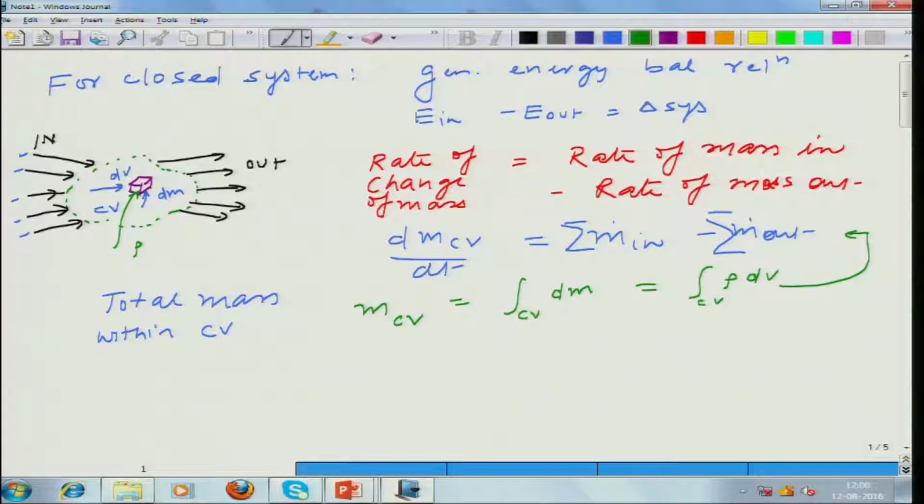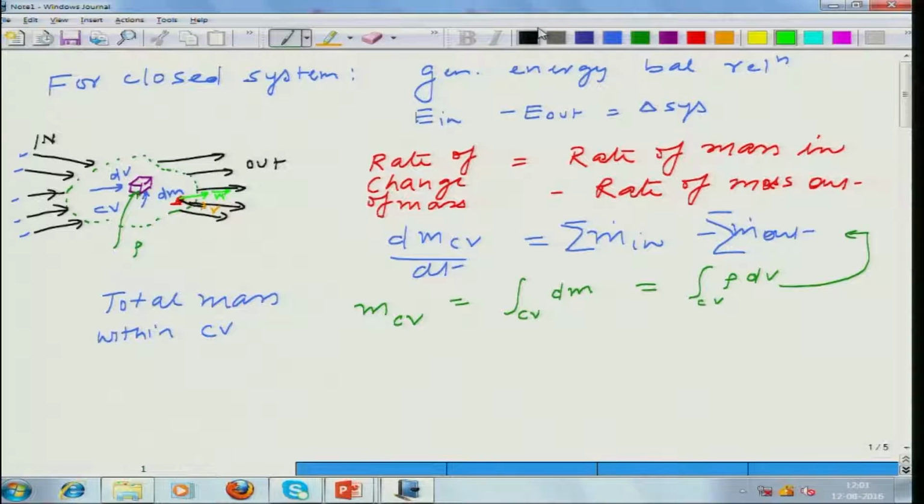Now let us also consider a small differential area component on this particular control volume. This could be a small differential component here, which will be the area. Let's say the flow which comes out from this particular area is represented by this velocity V, and the normal vector is n, the unit normal vector.